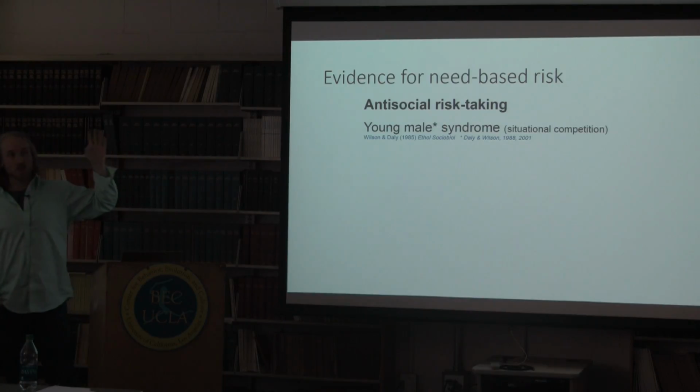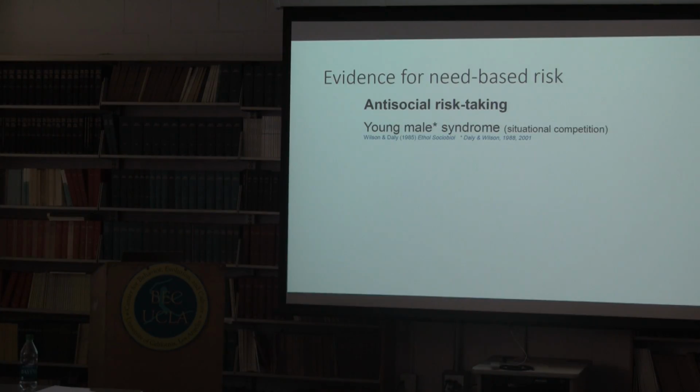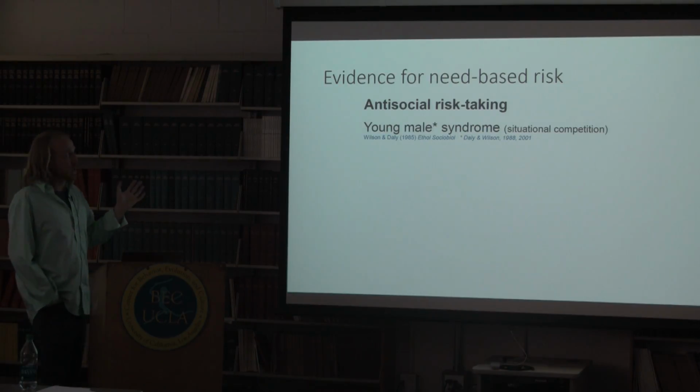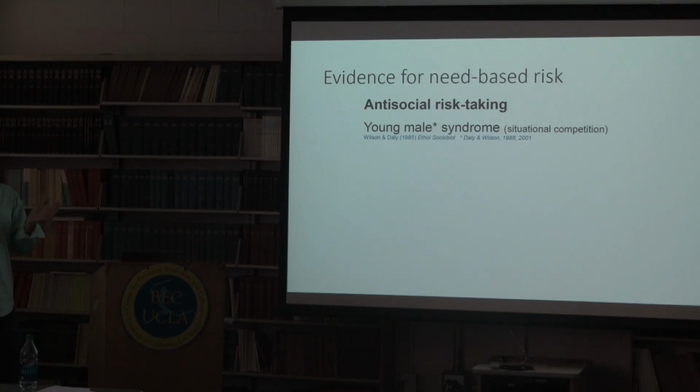So within the antisocial risk-taking realm, the Daly and Wilson idea of a young male syndrome, you can start with looking at the demographics of homicides in any group, in any time in history, and what do you see? You basically see that homicide is a young men's game. Basically everywhere, it's the young men that are doing the vast bulk of the killing.